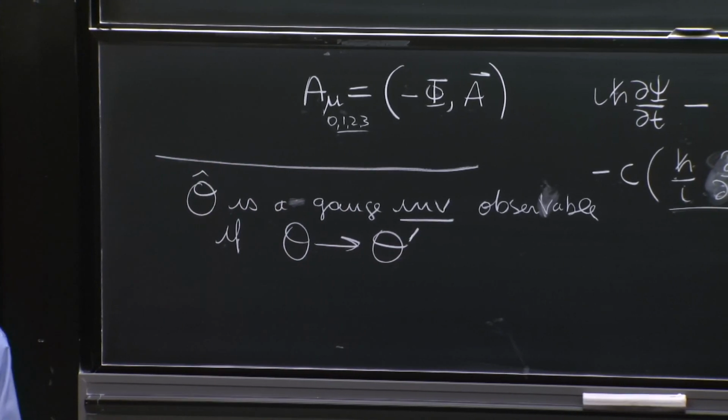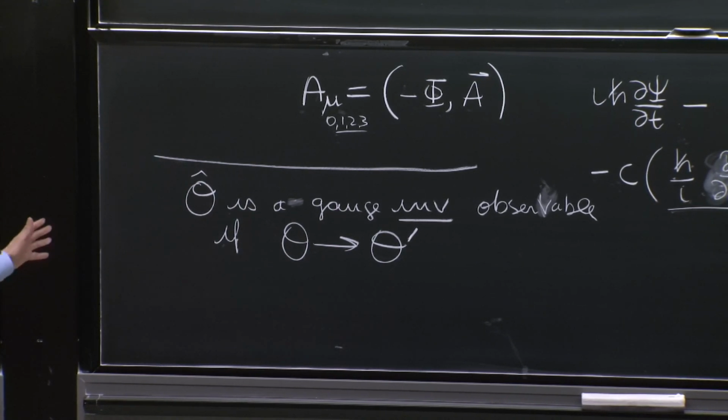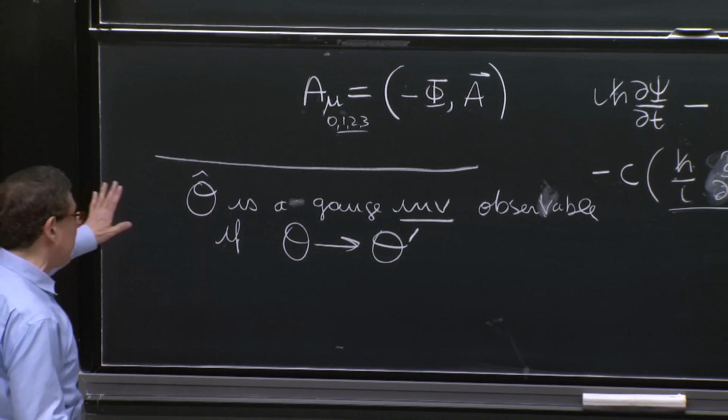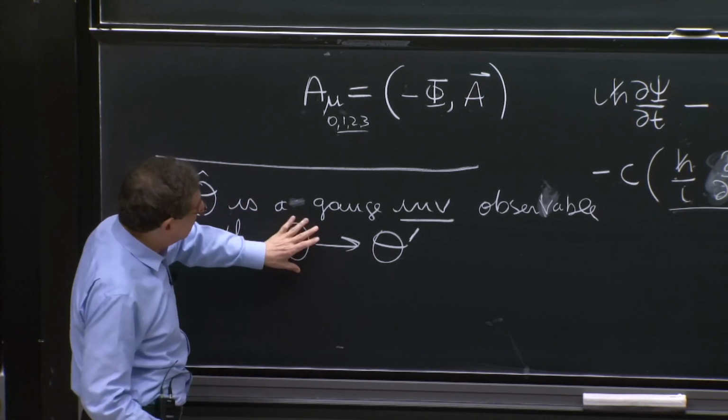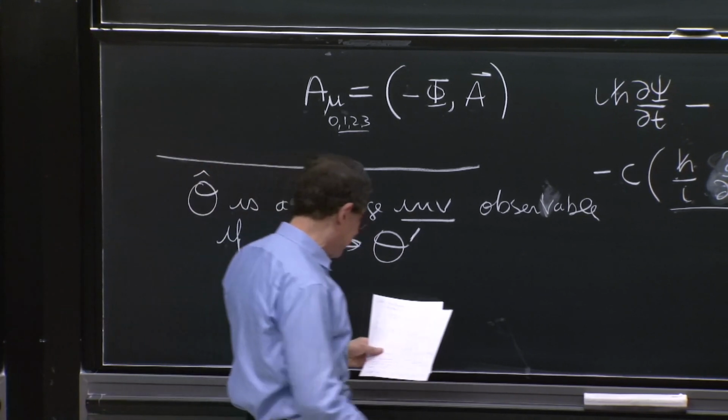You would say, oh, but isn't it supposed to be gauge invariant? Well, it's not quite the operator itself that is gauge invariant. It is its expectation value.